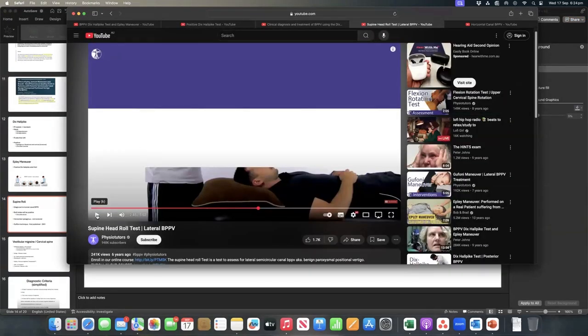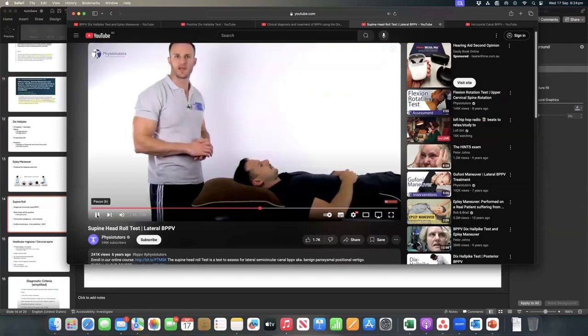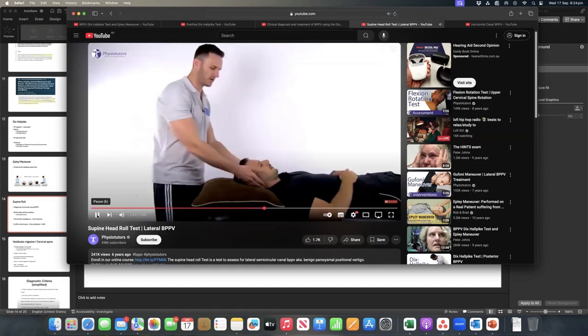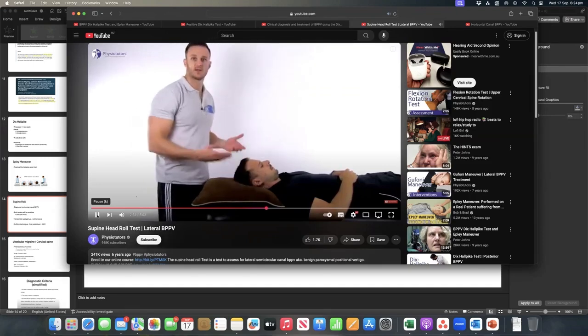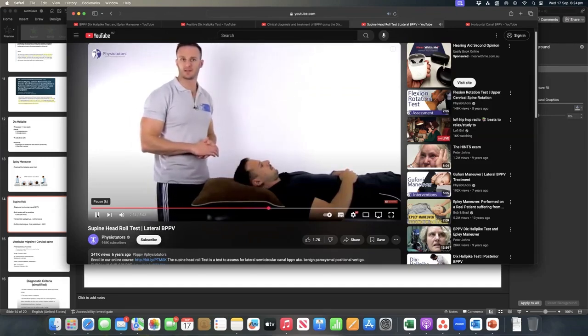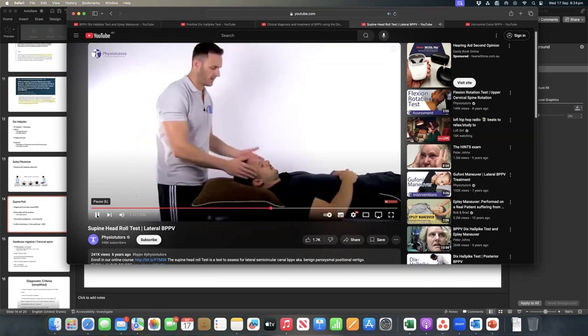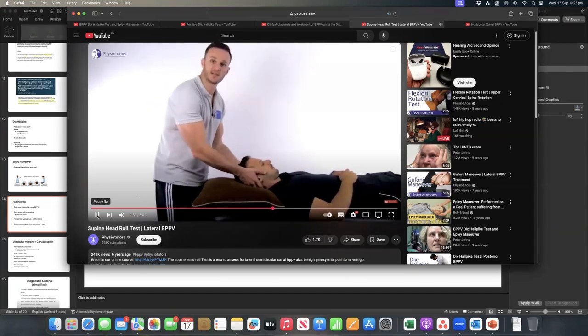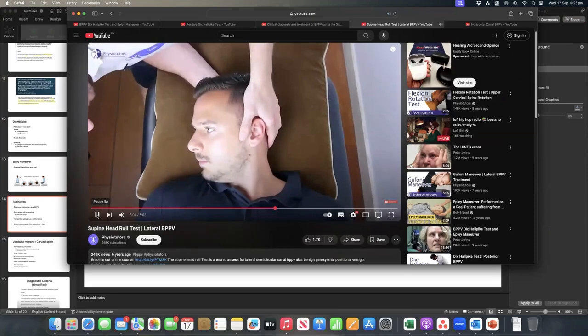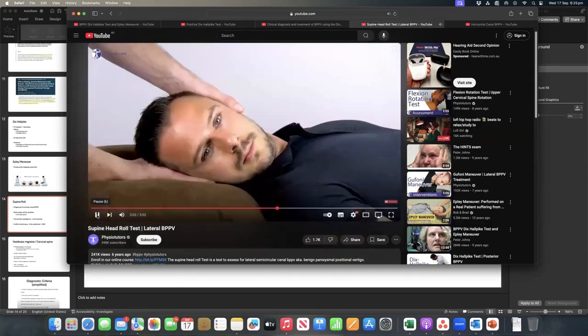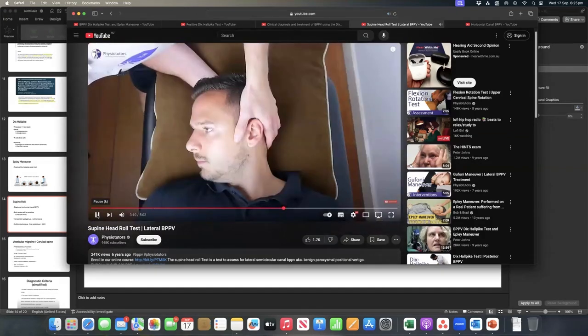Perform the supine head roll test. Have your patient lie supine on the treatment bench and bring his head into 30 degrees of flexion to align the lateral semicircular canals in the horizontal plane. Then quickly rotate 90 degrees to one side and observe your patient's eyes for nystagmus, which usually has a latency of 5 to 20 seconds and fatigues within 60 seconds after onset.